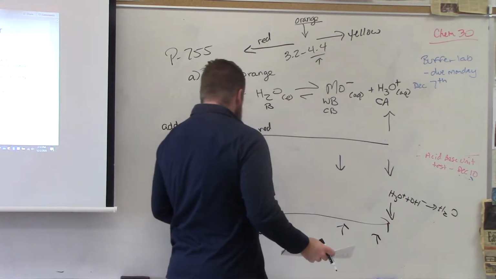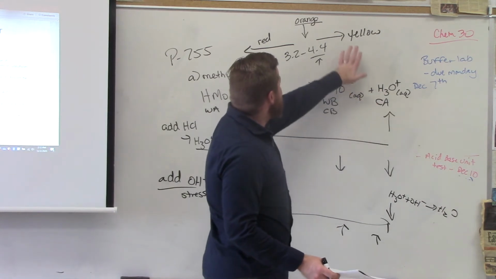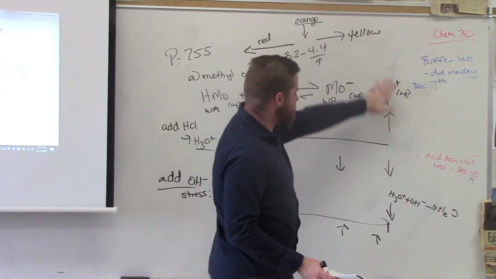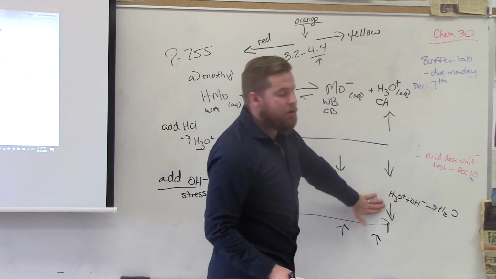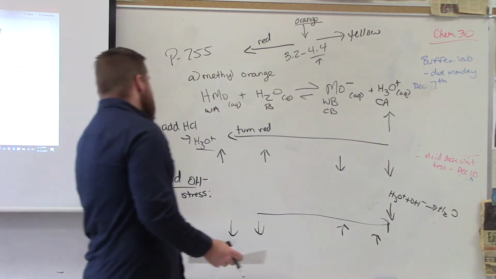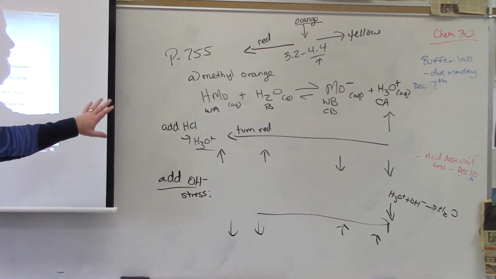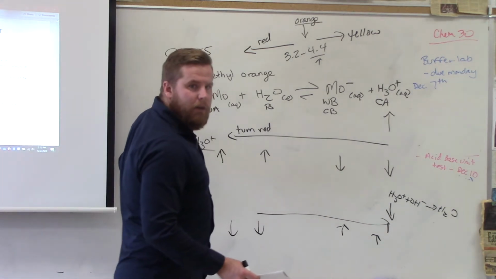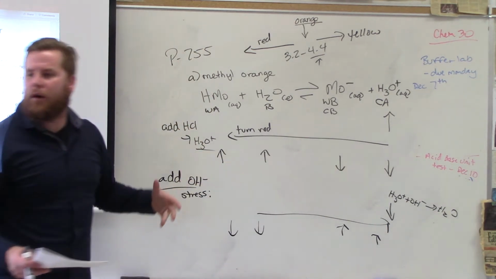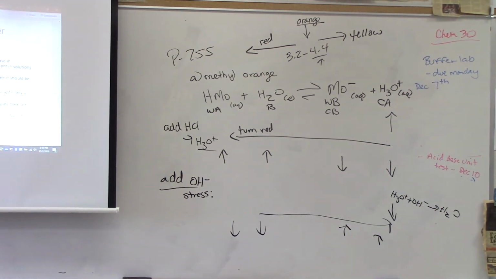So the equilibrium shifts towards the hydronium, and the solution turns yellow. Okay? So acid-base indicators work on the principle of equilibrium shifts. All right, so it's nothing that you haven't seen before. It's just a different way to look at it. I'll do one more, and I'll do B. B is indigo carmine.